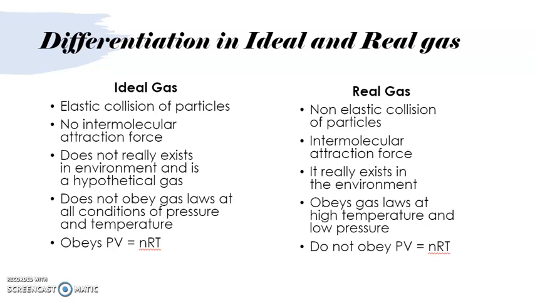This we are going to study in detail with the help of one parameter, the compressibility factor, that I'm going to cover soon. And the final point of differentiation is that an ideal gas obeys the ideal gas equation, PV is equal to nRT. Real gases do not follow the equation PV is equal to nRT.